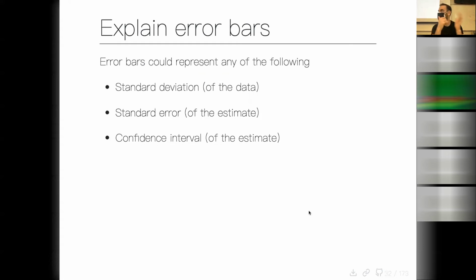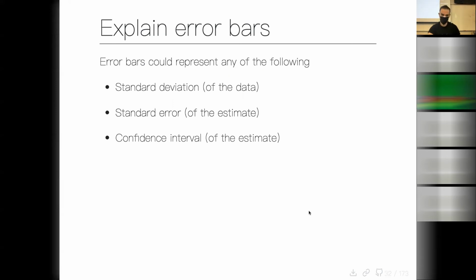It can also, as we have seen, represent either a standard error or a confidence interval around an estimate, okay? And so you could have an estimate where it's one standard error on each side, or it could be basically two, which is what we were doing, so it's more of a 95% confidence interval, okay?